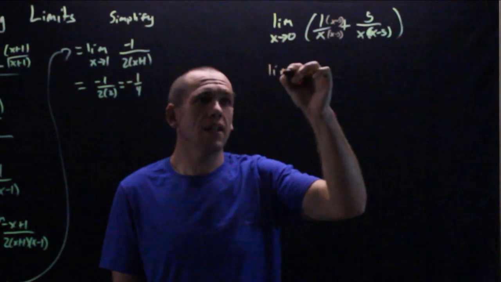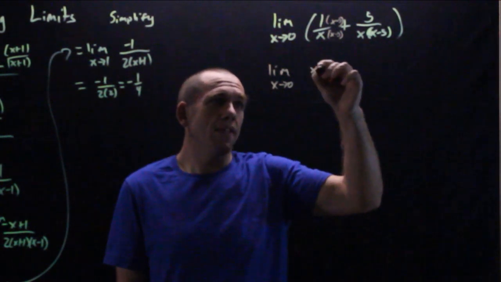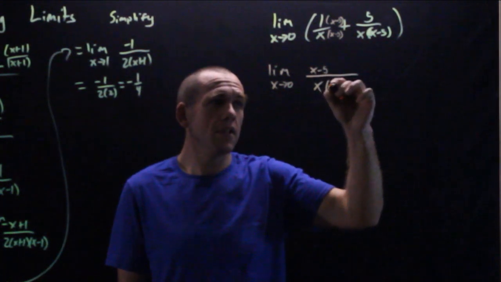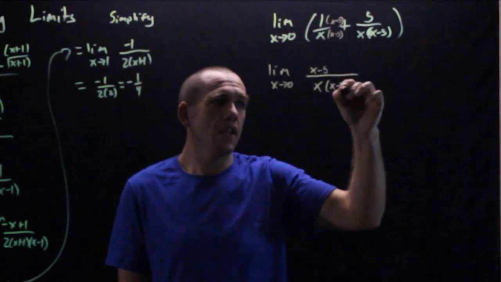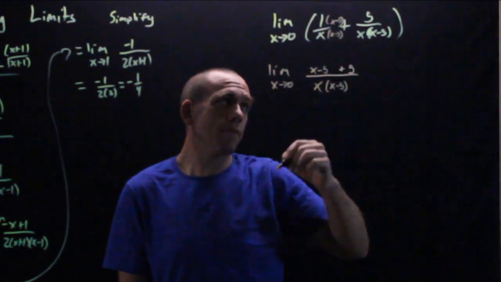So this is the limit as x goes to 0 of x minus 5 over x times x minus 5, and then plus 5, right?